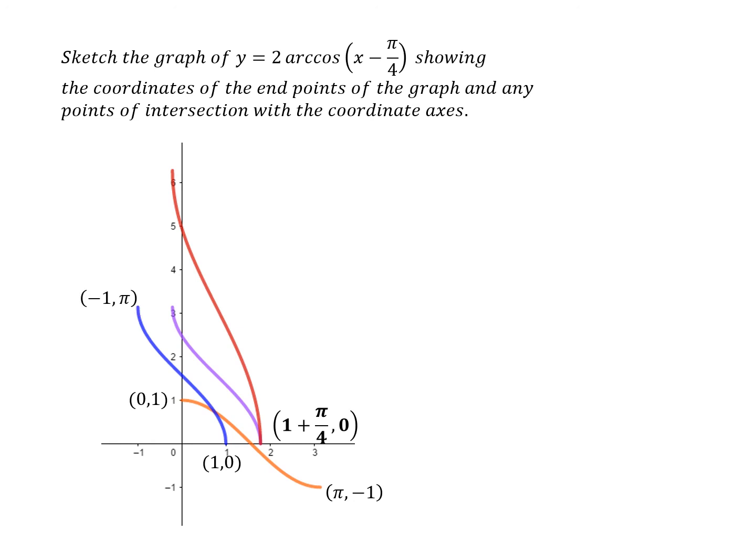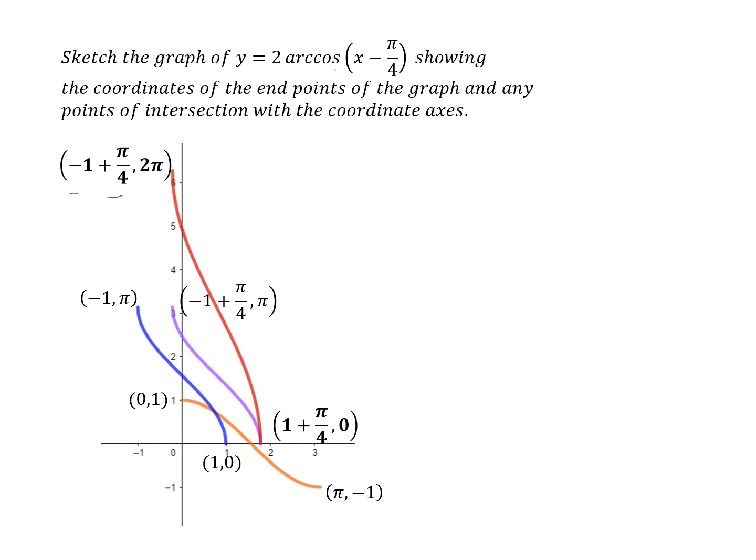When we translate that by pi over 4 units in the positive x direction we get (-1 plus pi over 4, pi), and then we stretch that by a scale factor of 2 to get the end point of the graph there, where the x coordinate is -1 plus pi over 4 and the y coordinate is 2 pi.